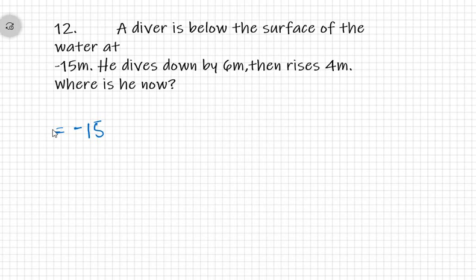Down means more depth in the sea, so minus 6 again. As he goes down, the minus increases, minus 6, minus 7, and it increases downwards. Then he rises 4 meter, so when it moves up, we will put plus.